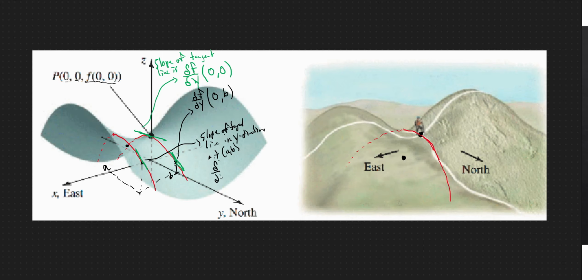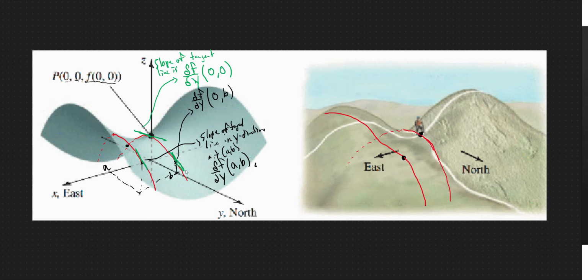It's the partial derivative with respect to y, because we're in the y direction, of f at the point (a, b). That gives me that. So I can do any point on this surface now. I can tell you the slope in the y direction, and so I can tell you how fast the elevation is changing over here as we move either north or south. If I move south, just take the negative of the derivative. If I want the elevation change to the north, I can get that.